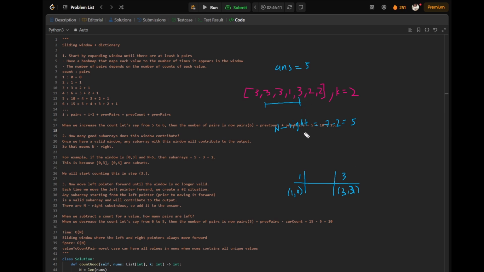So this is a valid window, and since it's valid, we want to move the left forward until it's no longer valid. So we move this 3, and since there's 2 3s now, it's invalid again.